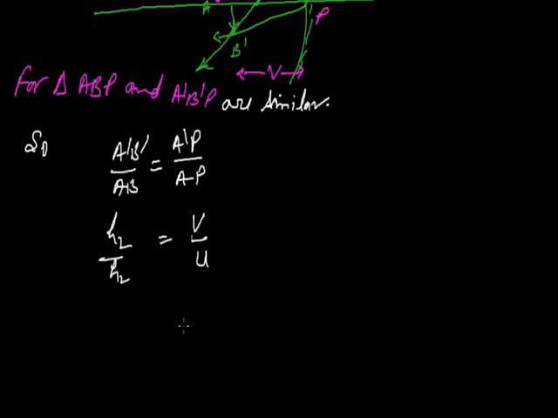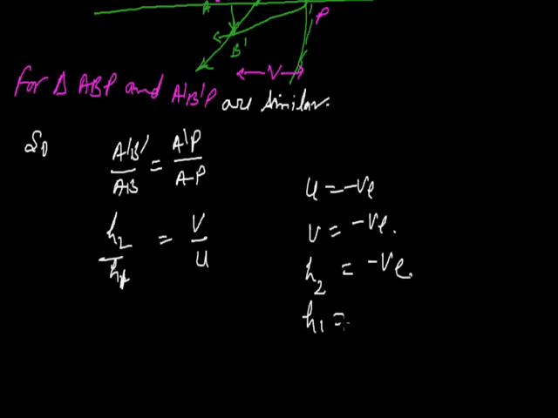Object is real and image is also real. So U will be negative. V is also negative. H2 is negative, while H1 is positive. So H2 upon H1 is V upon U. U is negative, V is negative, and also H2 is negative.